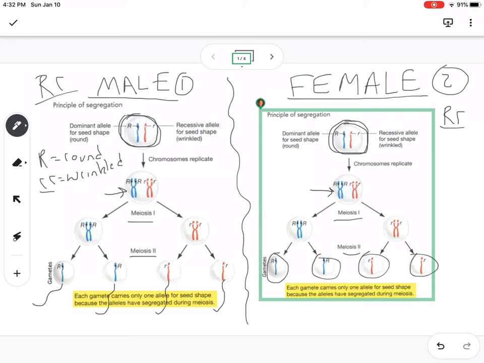So the male gametes have one chromosome. The female gametes also have one chromosome in each of their gametic cells, which is half the number of the original two.